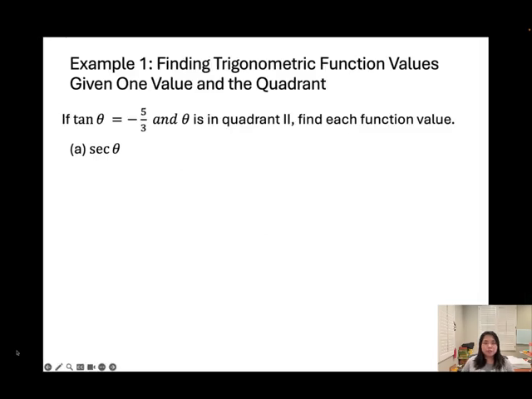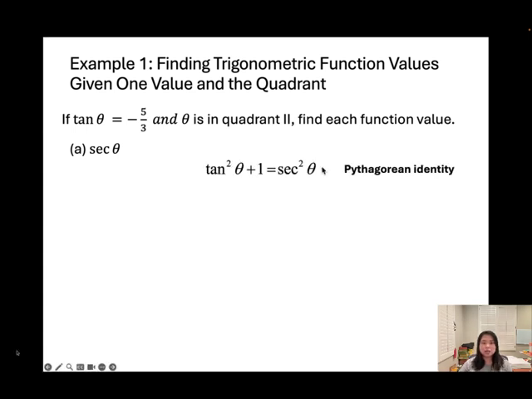Example 1. If tangent theta equals -5/3 and theta is in quadrant 2, find each function value. First, I want you to find the secant. You could draw the triangle in quadrant 2 and figure out the hypotenuse, but here I want you to try to use the identity.